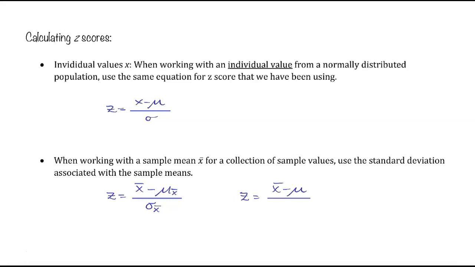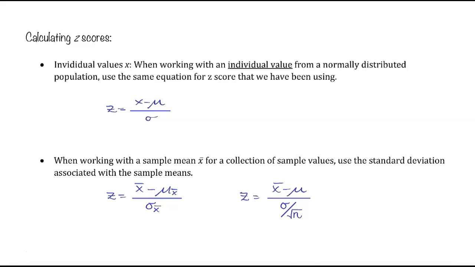But that is also equal to sigma, the standard deviation for the population, divided by the square root of the size of each sample. The most important idea here is to make sure that you are using the correct mean and the correct standard deviation for each situation.